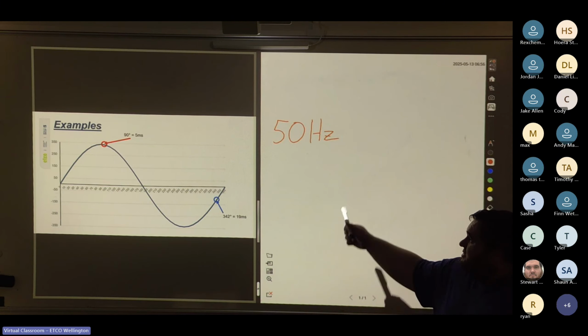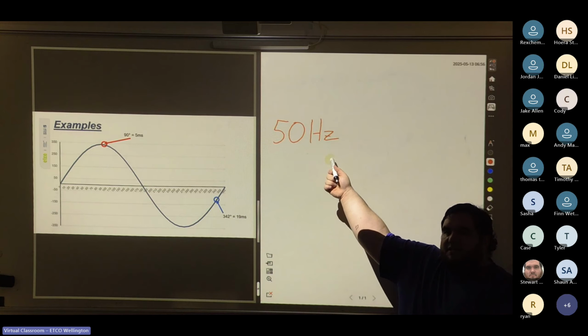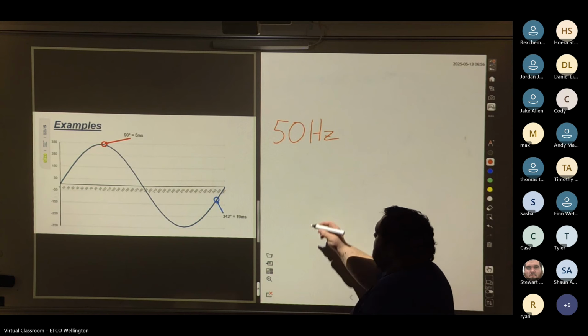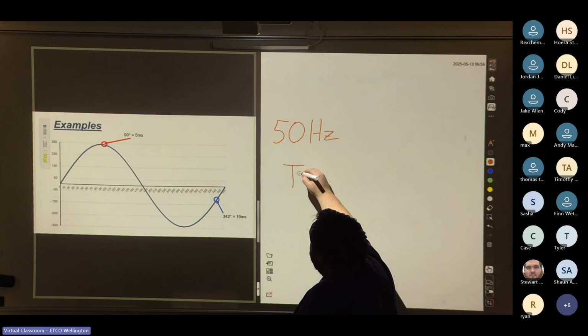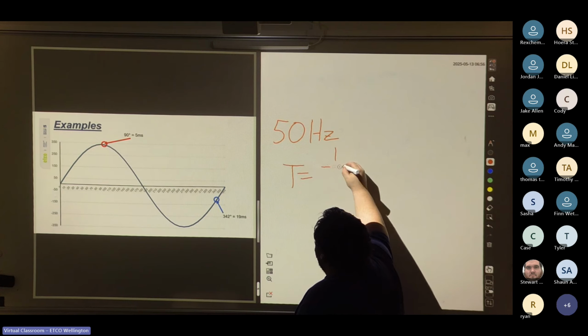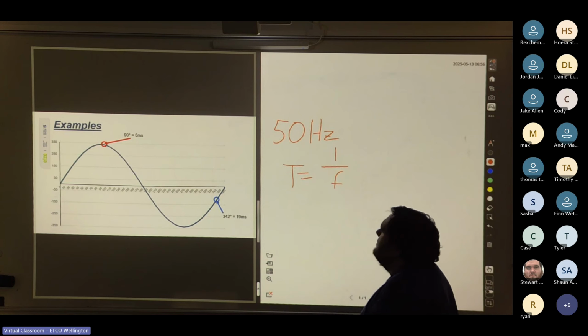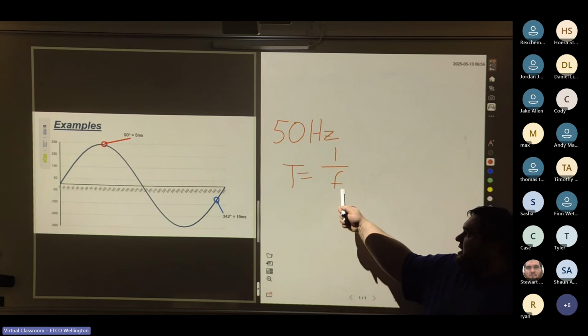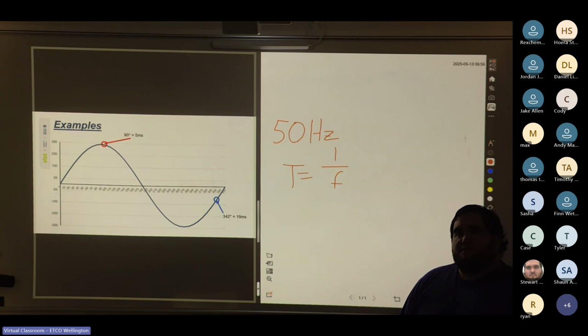So this is not the actual time taken to complete one sine wave. To figure that out, our time period is equal to 1 over this frequency. Basically, what we're doing is we're taking that 1 second and dividing it by how many times the sine wave gets repeated.